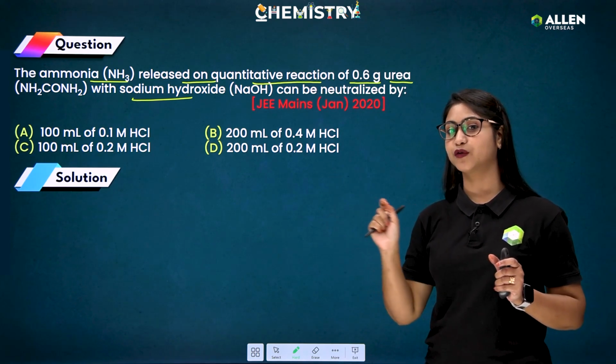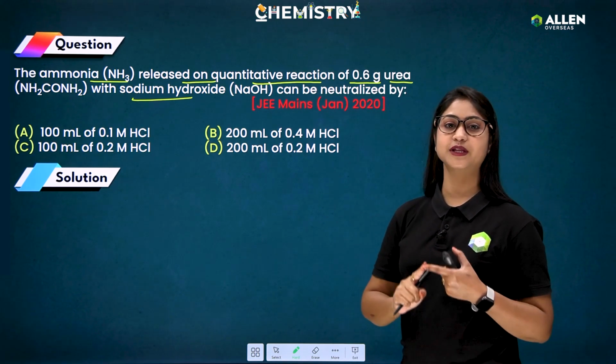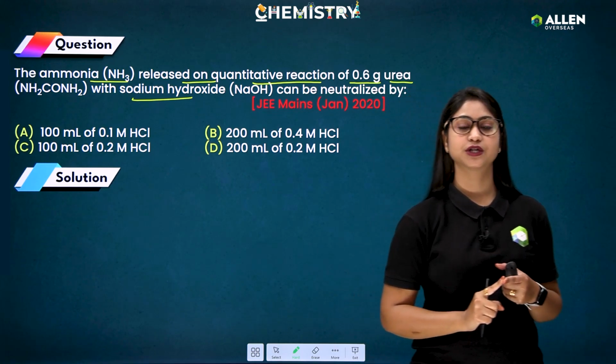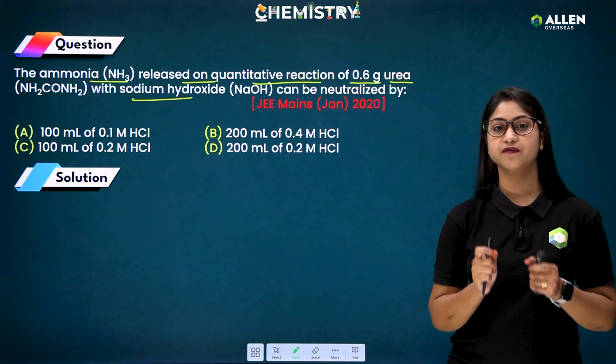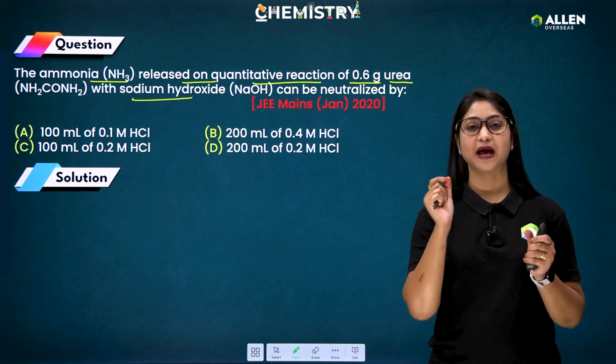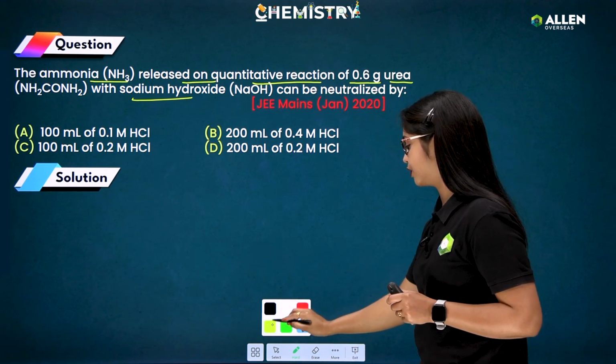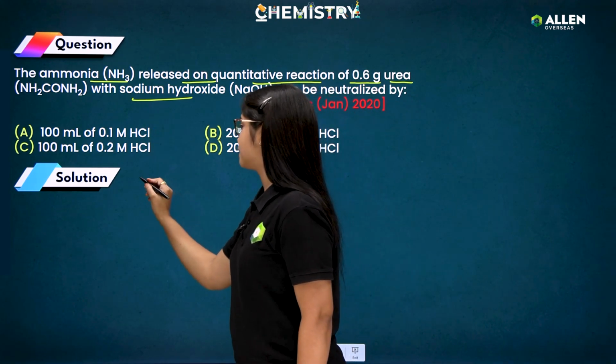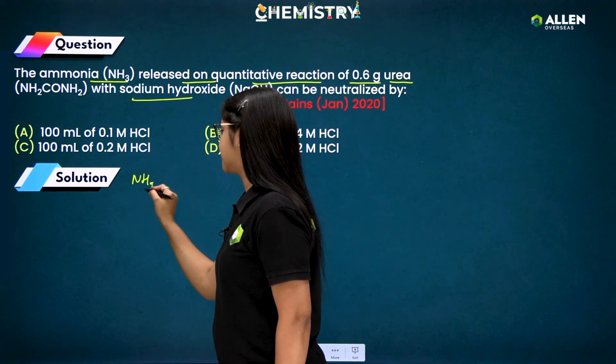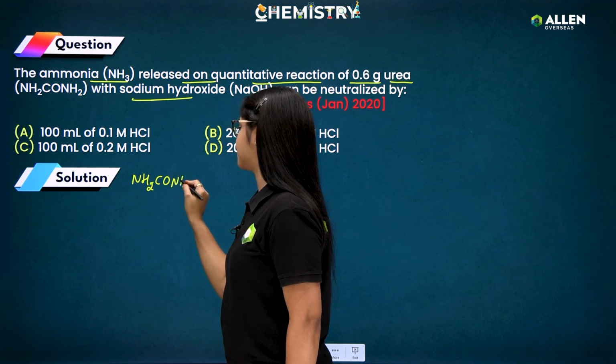So this is an example of a sequential reaction. What should be the first step to solve this question? The first step will be to write the balanced chemical reactions. So first of all, we are going to write the balanced chemical reaction. We have urea, that is NH2CONH2.